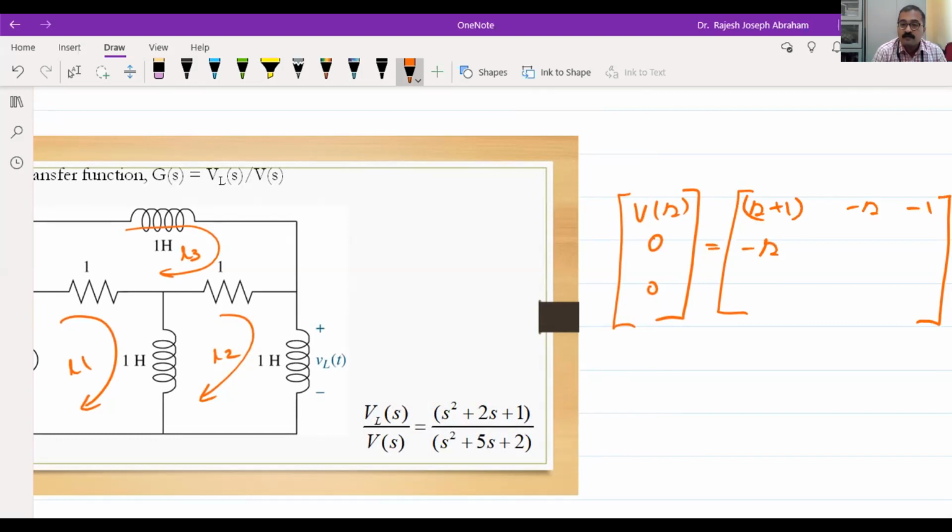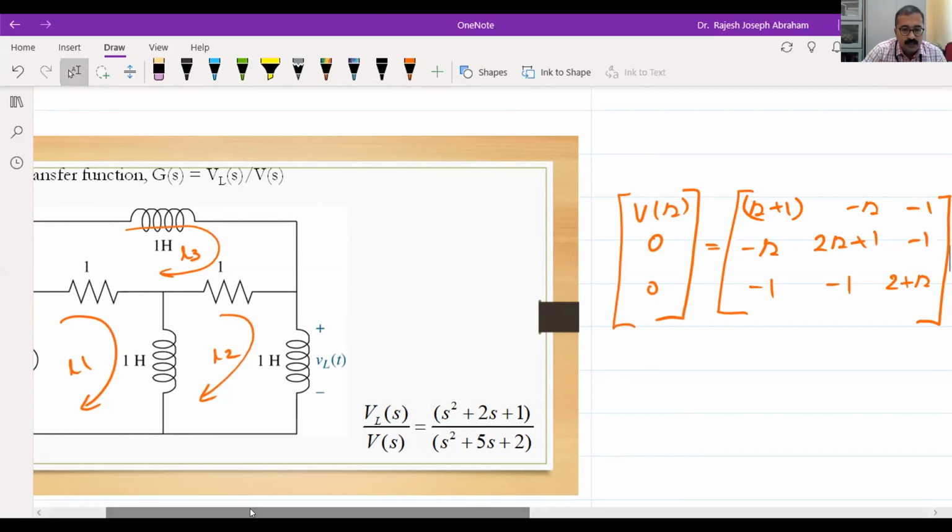S plus 1, that means 2S plus 1. 2, 3, 1 ohm. I2 and I3 are in opposite directions, so minus 1. What will be 3, 1? Same as 1, 3. 3, 2, same as 2, 3. And 3, 3 will be what? 1 plus 1, 2, 2 plus S. Okay. So that is our impedance matrix.